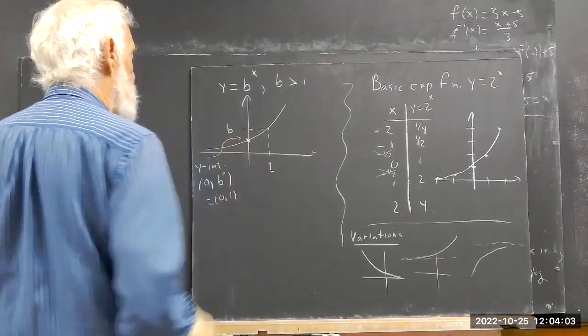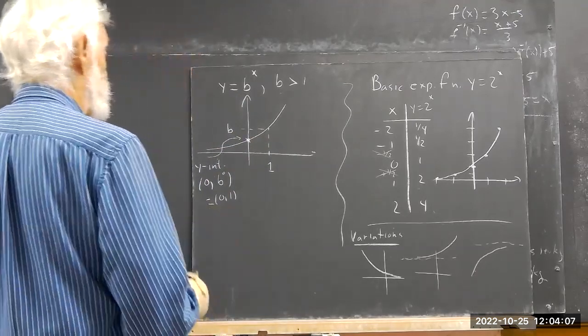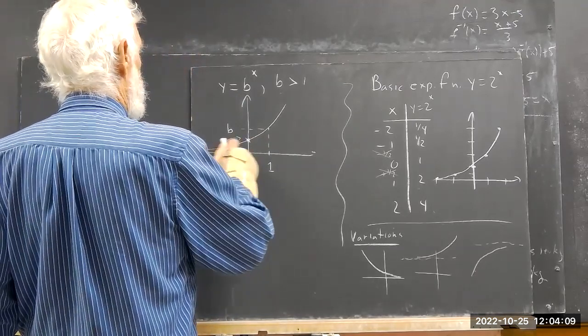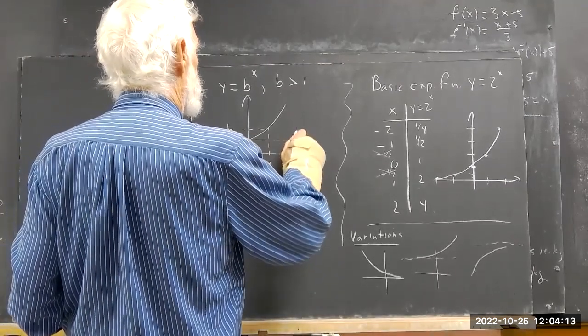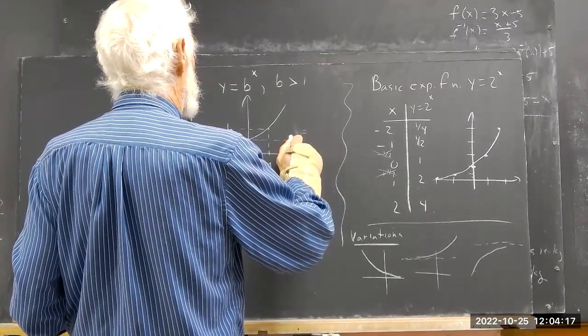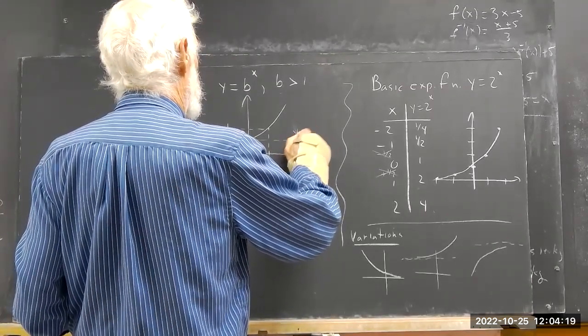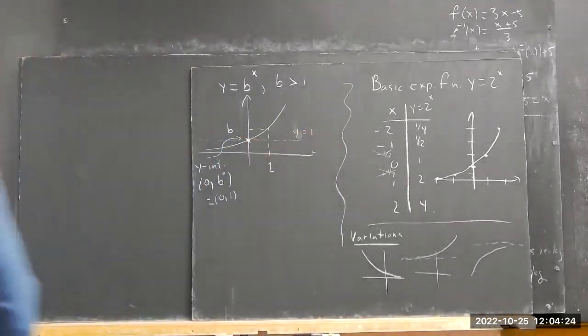This point here is always 0, 1. So everywhere on this line, y equals 1.